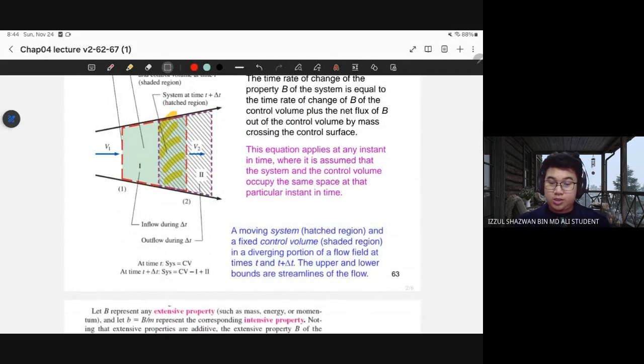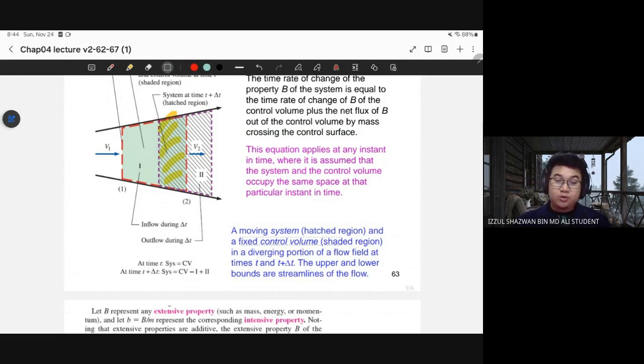Like I said earlier, a moving system, which is the hatched region, and the fixed control volume, which is the shaded region, in a divergent portion of a flow field at time t and t plus delta t, with the upper and lower boundaries being streamlines of the flow.